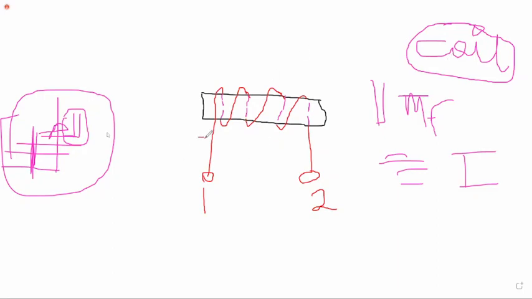Now, if I put the dot here, what is the meaning of the dot convention? The dot means current is entering the coil from terminal 1 and leaving from terminal 2. It shows from which terminal the current is entering.